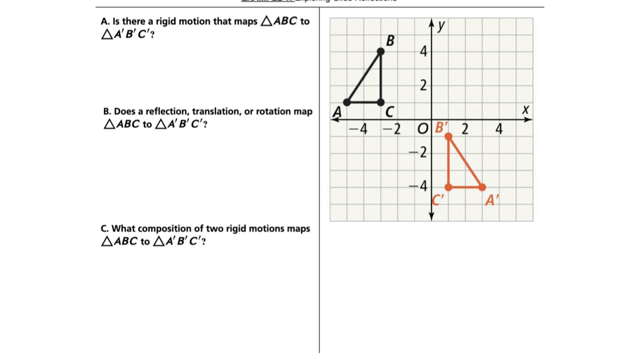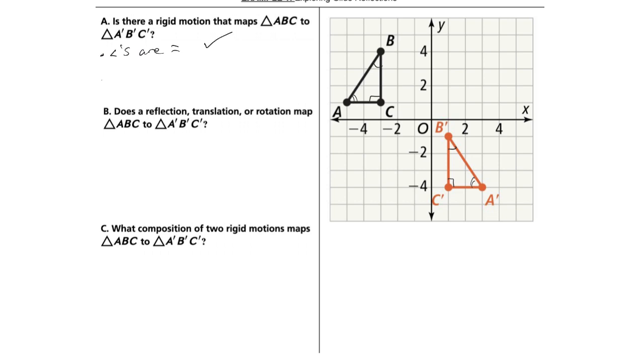Make sure the angles are the same. So we know the angles are congruent. You can see the angle B is the same, A prime and A are the same size, and then we have a right angle at C and C prime.